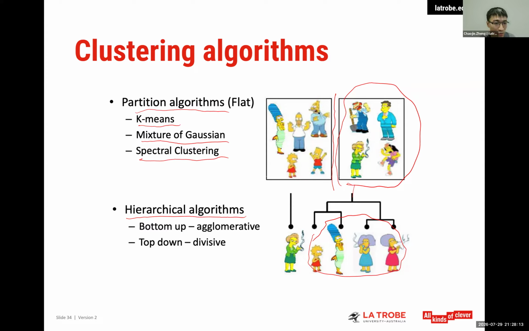I will leave these tools for you to explore; that is out of the scope of this course. For this subject, you just need to understand how k-means performs and how to evaluate its performance, and that you can also do the hierarchical algorithm. At each level, you can feel free to choose any flat partition algorithm.